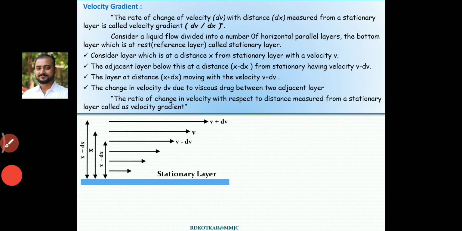In another way, the definition of velocity gradient is the ratio of change in velocity with respect to distance measured from the stationary layer.